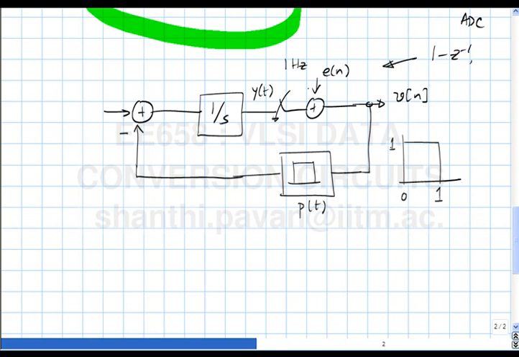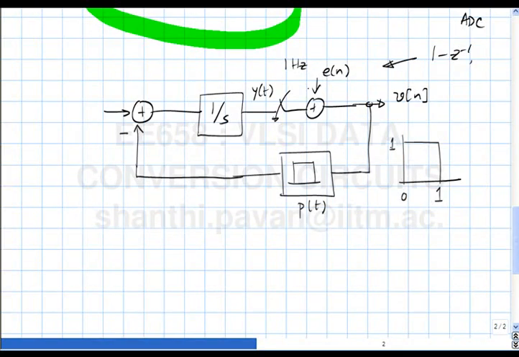V[n]. No. Oh, first of all, before getting into all the math of the thing, what do you think will happen? Do you think something will change? Nothing will change. Loop gain will change. Why will the loop gain change? Taking the samples at the wrong time. Yeah. So I'm taking the samples at the wrong time.